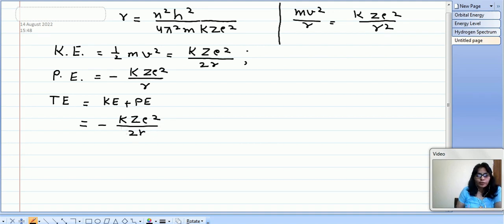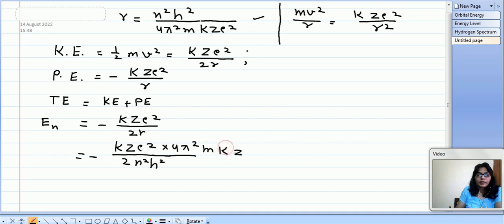So now we have to calculate this total energy by substituting the value of r here, and let us say this is En, corresponding to the principal quantum number n. So this will be minus k z e square upon 2, and then the value of r, which is n square h square upon 4 pi square m k z e square.